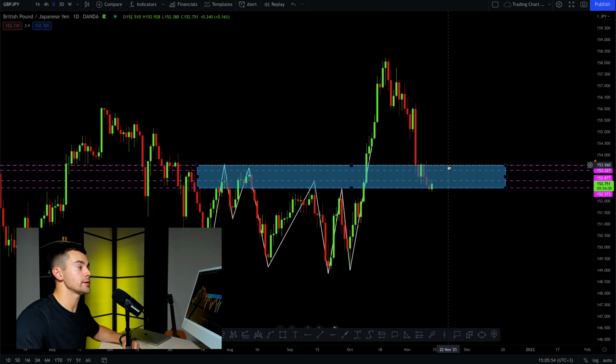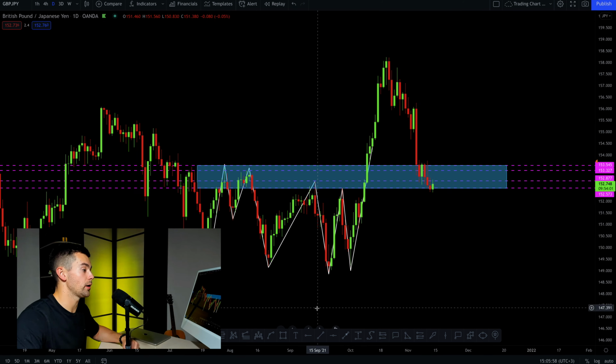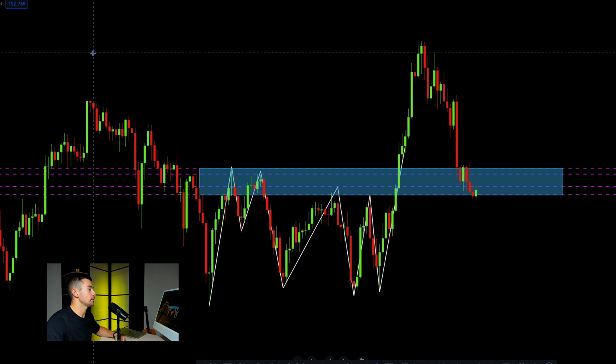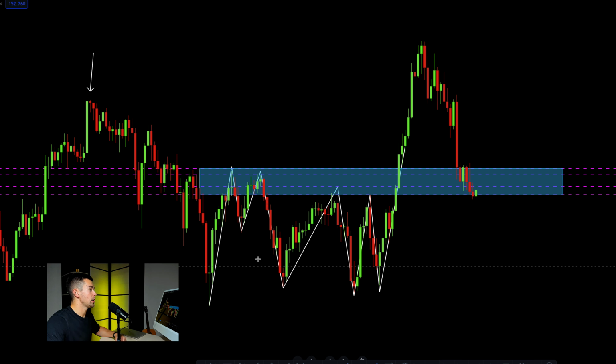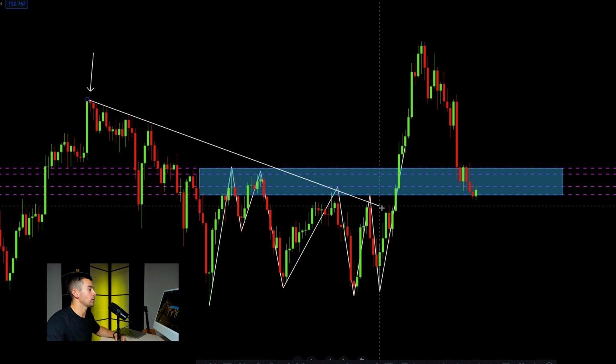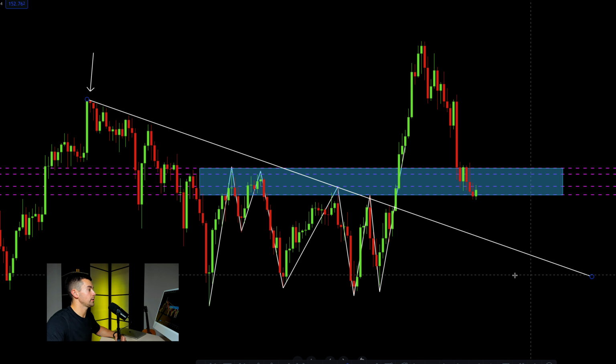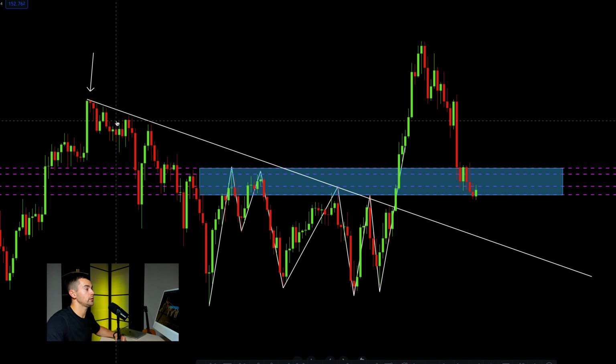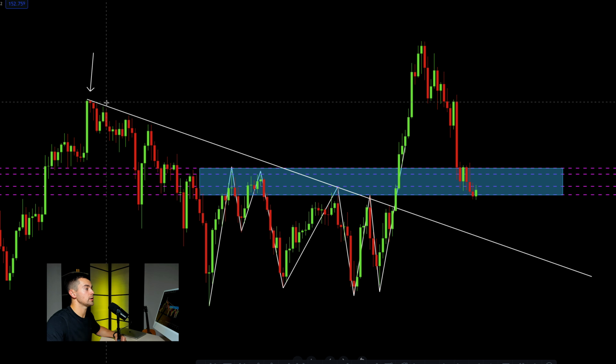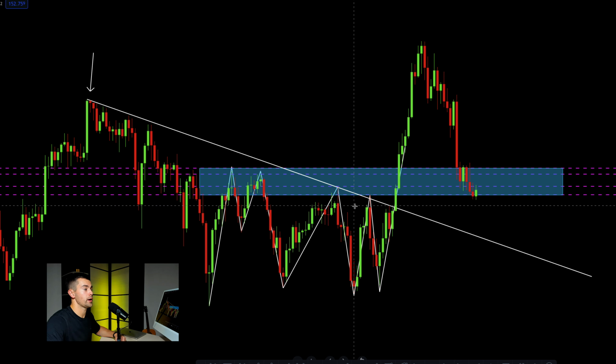Then our task is to try to find any decent trend line to rely on. If we take that structure high right here, and from that we draw a trend line, look, here we have quite a decent falling trend line. Yes, and this trend line was respected in the past. You can see that we saw very strong bearish rallies from that.